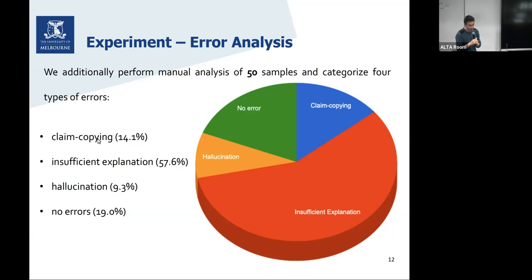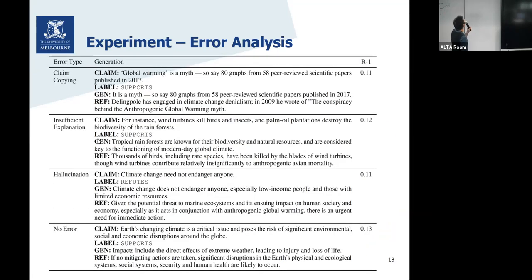Insufficient explanation means that the generated explanation talks about some related topics but does not directly justify the prediction. Here is a detailed table with samples that belong to the 4 categories. You can have a look at the poster session.